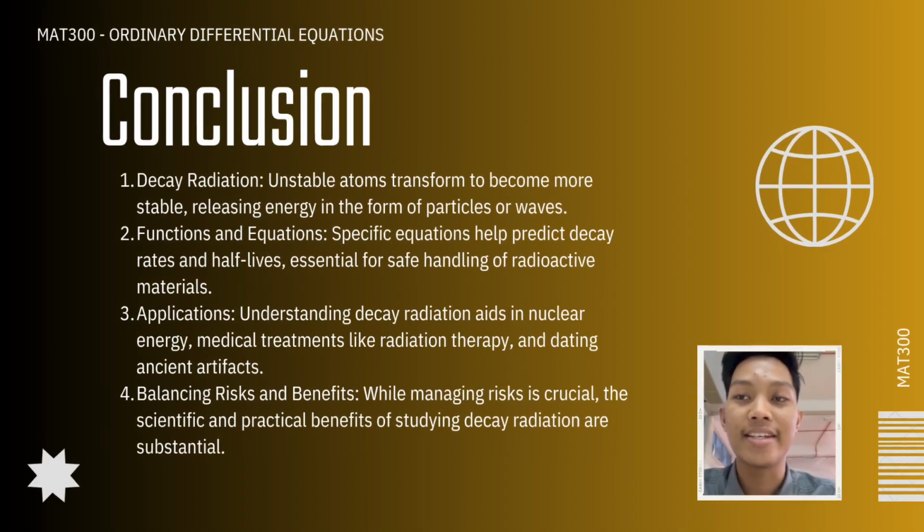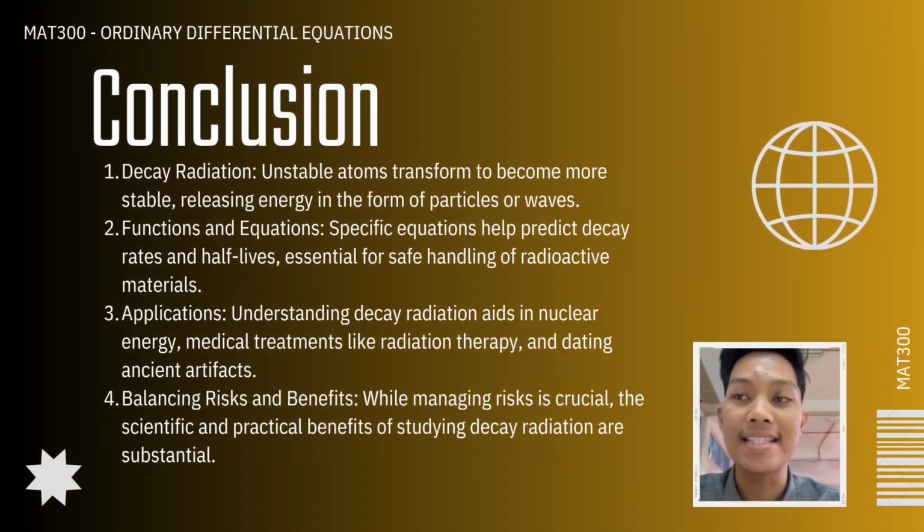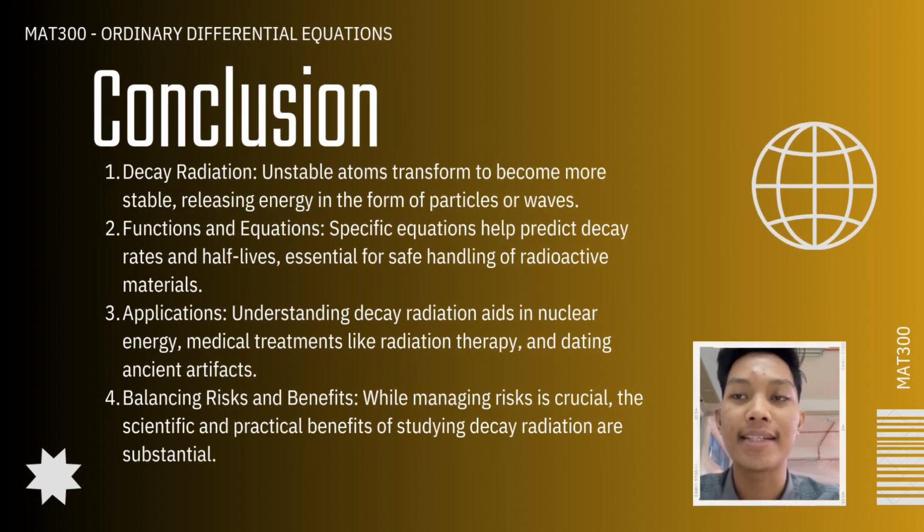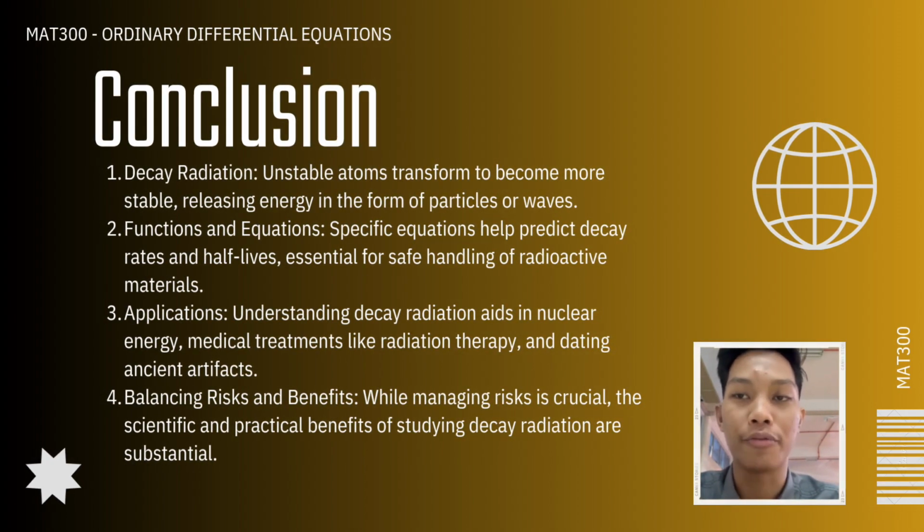Okay, decay radiation happens when an unstable atom changes to become more stable, releasing extra energy as a particle or wave. The function related to decay radiation helps us predict how fast decay occurs and how long it takes for half of the material to decay.